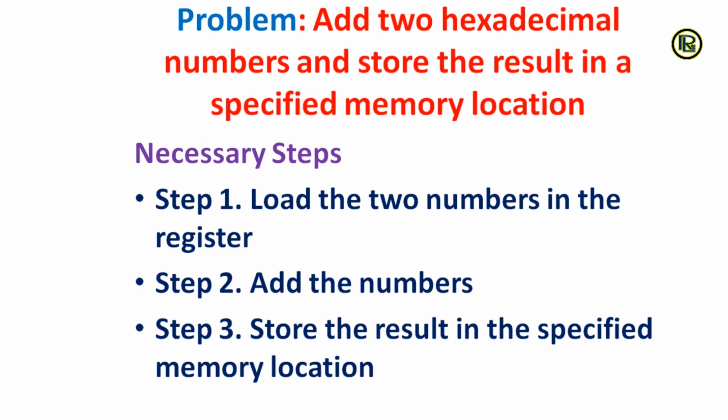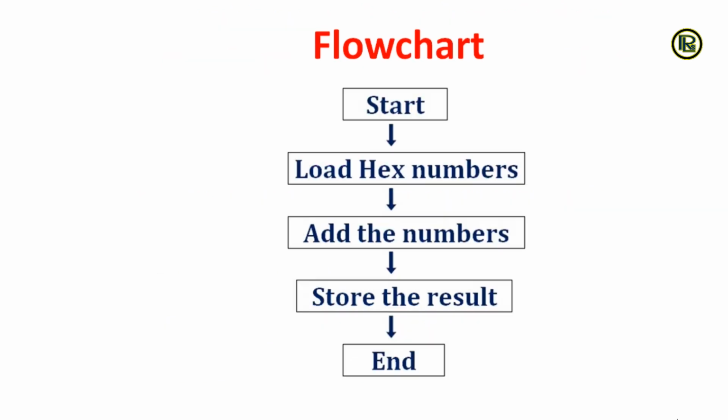The necessary steps to write the program for this problem are: step 1, load the two numbers to be added in the registers; step 2, add the numbers; and step 3, store the result in the specified memory location.